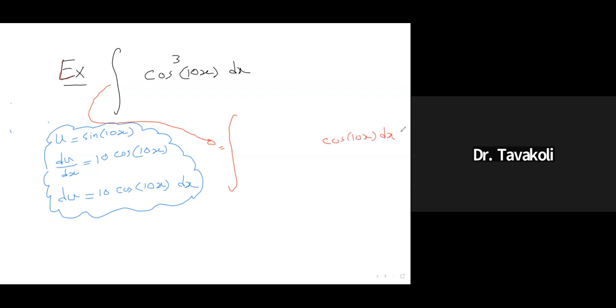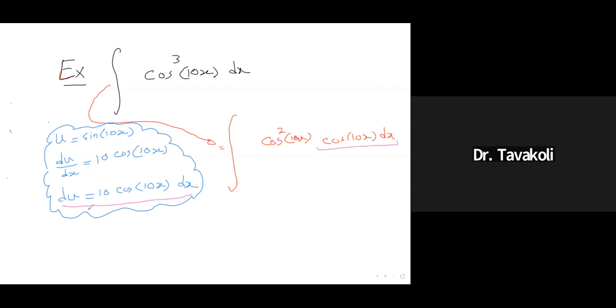From cosine cubed, I separated one copy of cosine, so cosine squared remains here. Here, du is 10 cosine 10x dx. So cosine 10x dx itself is what?